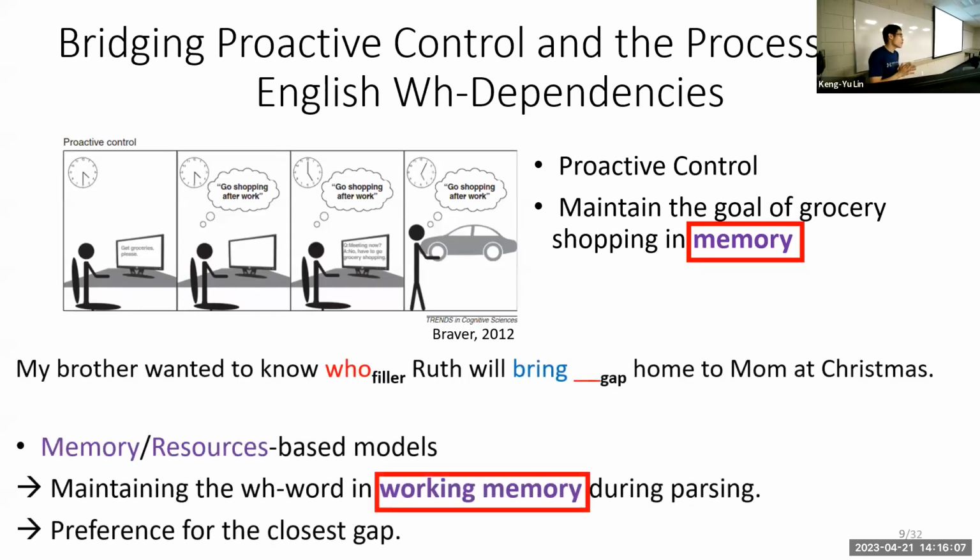And the memory-based models that explain how we process English WH dependencies say that when we encounter the WH word, we have to keep it in our working memory during parsing. Did you notice that there seems to be an overlapping mechanism between proactive control and the processing of English WH dependency sentences? At least your memory system might be involved, right?